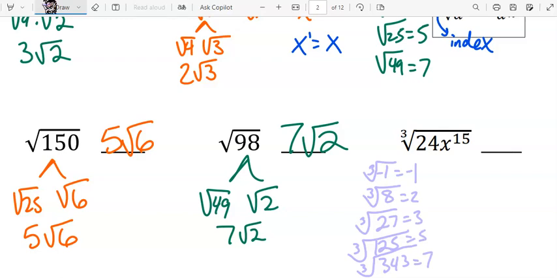It's not negative, and 27, 125, and 343 are too large. So 8's the only possible one we could try.